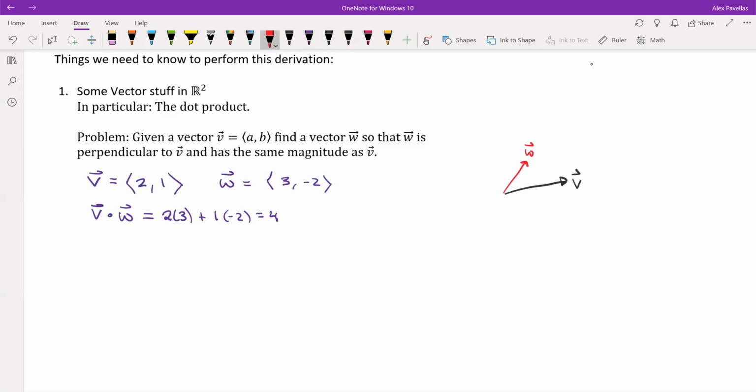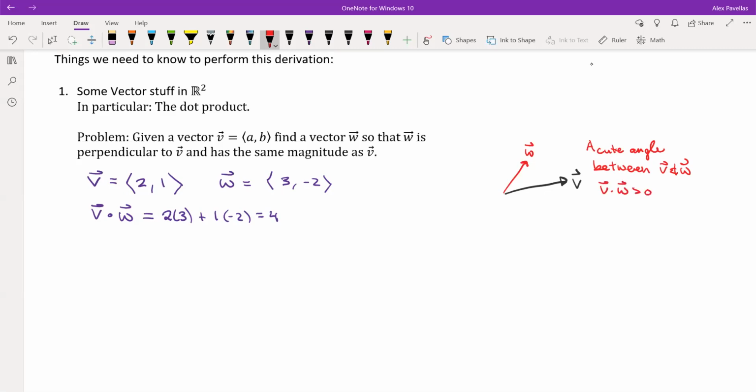Note that here we have an acute angle between v and w. And if we have an acute angle between v and w, then we know that v dot w is positive.